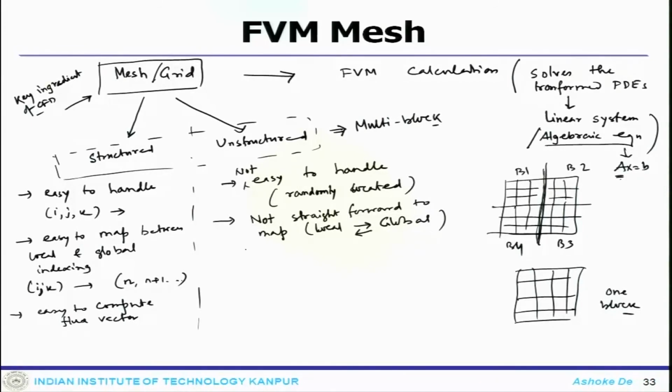Here you have to keep track of the elements, keep track of the faces, keep track of the nodes including local, global, and once you keep track of that, then only you can do the connectivity.